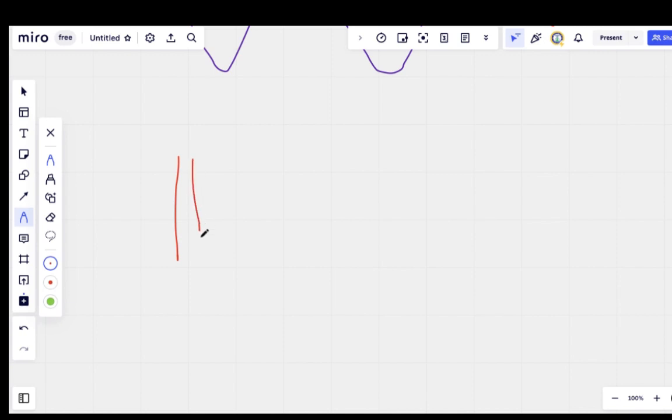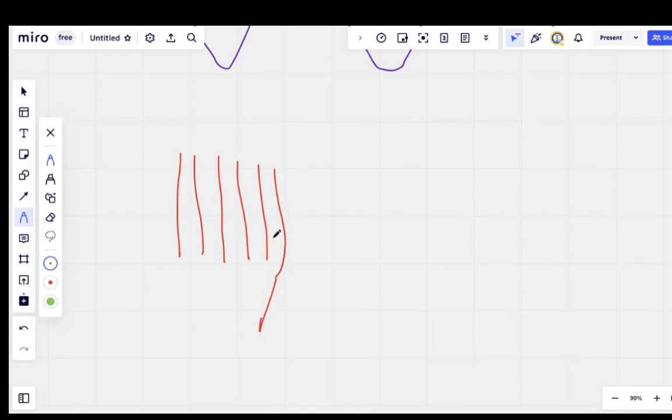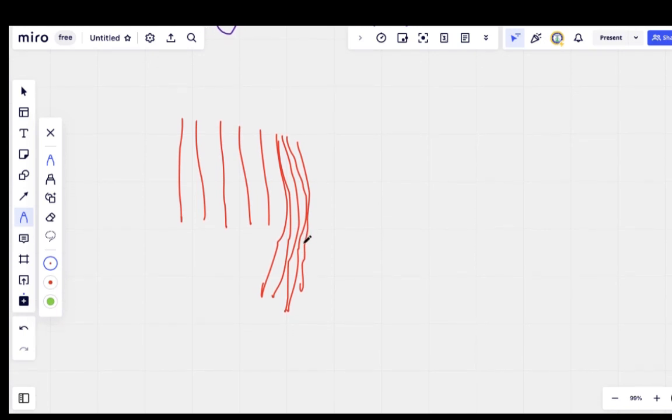Let's say these are the wave fronts. In shallow water the wave fronts will be closer, right?